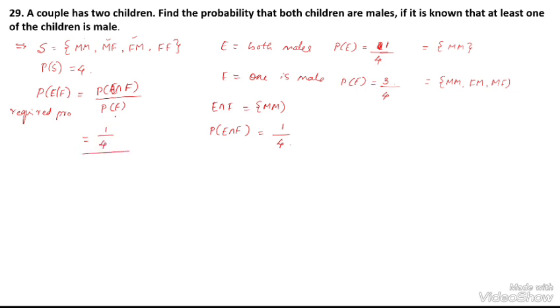Now probability of F is 3 by 4. The 4s get cancelled. Probability of E given F is 1 by 3. Therefore, the required probability is 1 by 3.